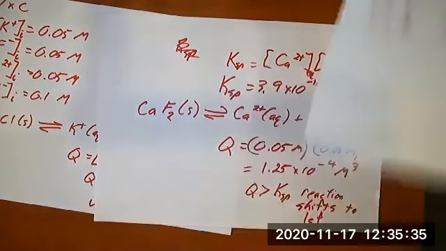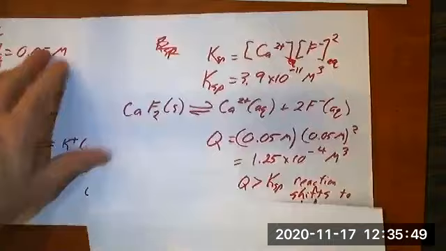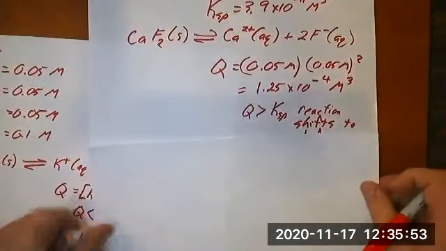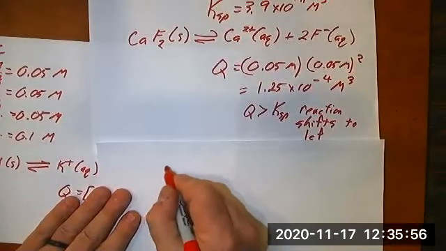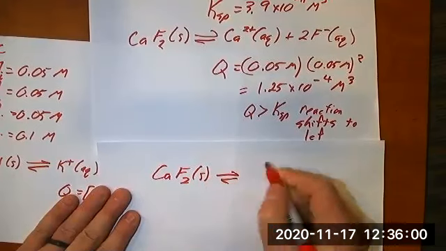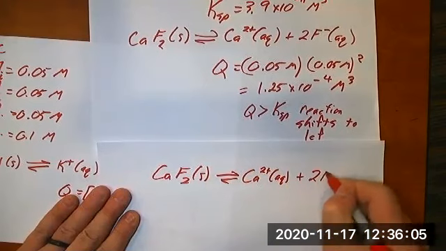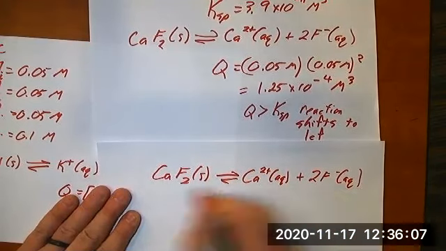The next questions we can ask then are how much precipitate do we get and how much of the ions remain in solution. So to figure out those questions, we use an ice table. CaF2 solid in equilibrium with Ca2+ aqueous plus 2F- aqueous.